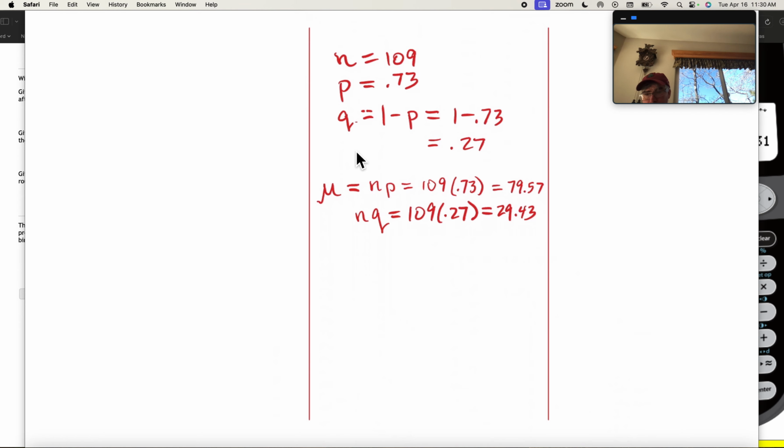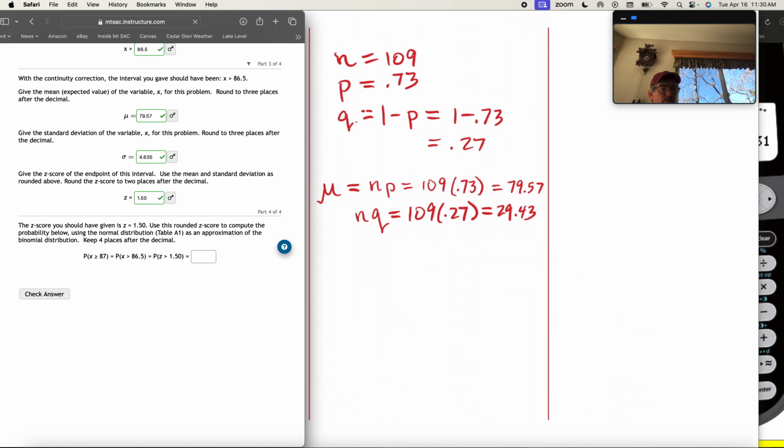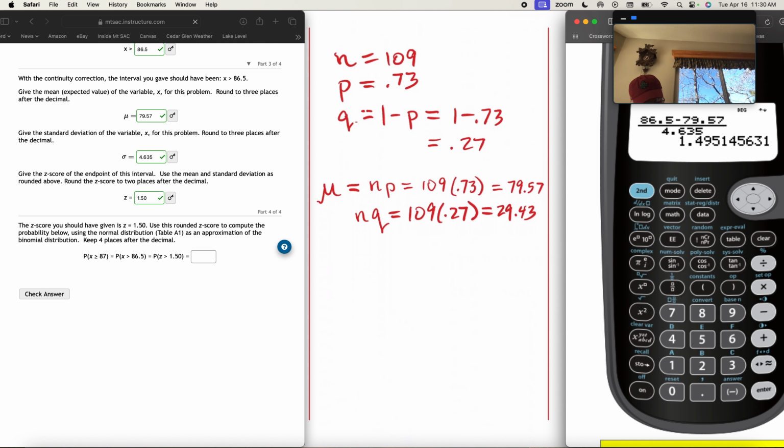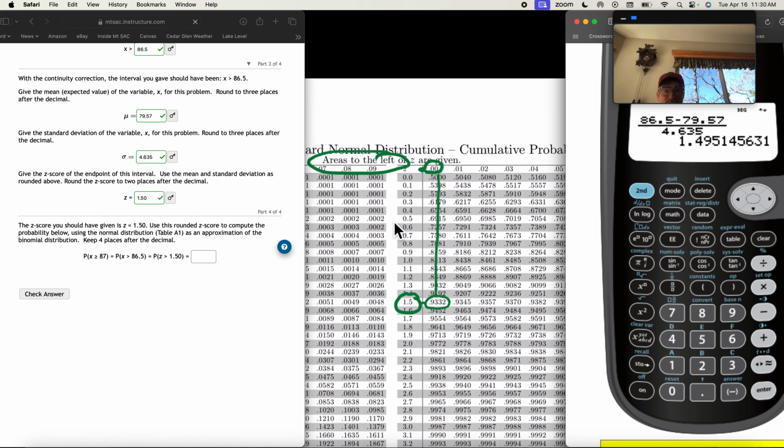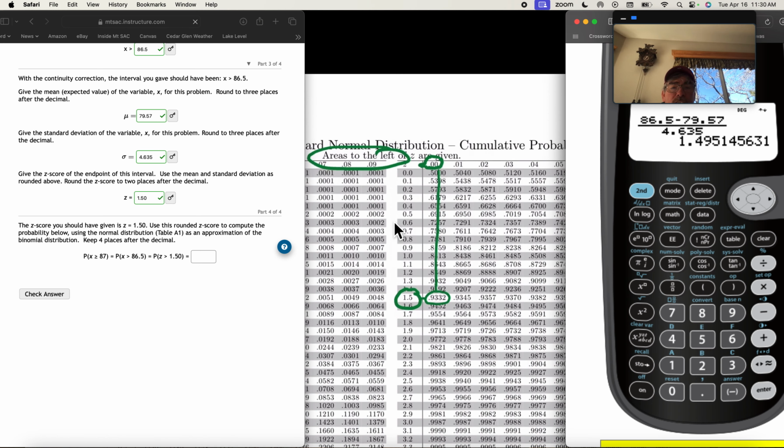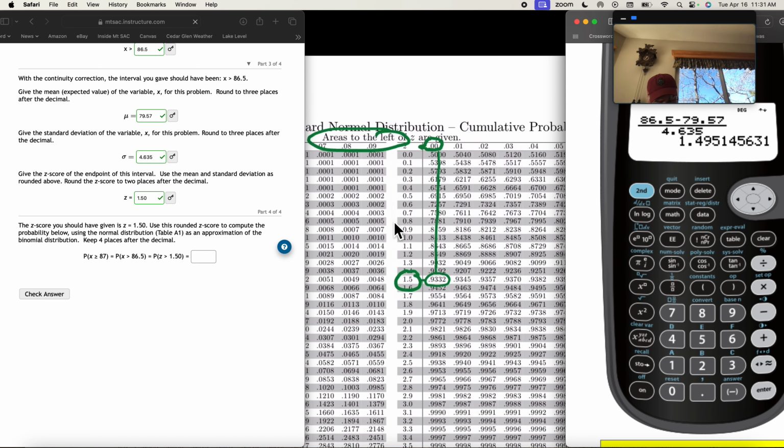So my probability that z is greater than 1.50, which is the question we're answering at this point. If you go back up here, I circled it, but it was 0.9332, but again, I need the area to the right.